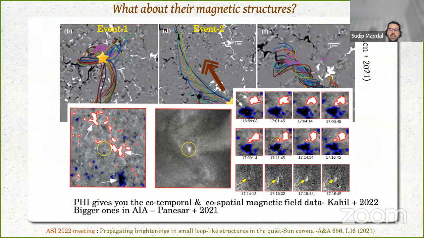And this paper by Kahil et al. analyzes those data, and they could see that some of the underlying magnetic field does show similar signatures to what has been predicted by Chen et al. So you have the polarities, and if you hypothetically connect these lines, you can say that this is the place where these field lines are maybe reconnecting, similar to this panel D.